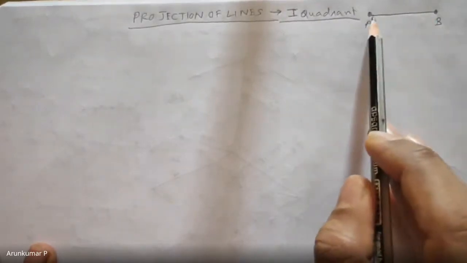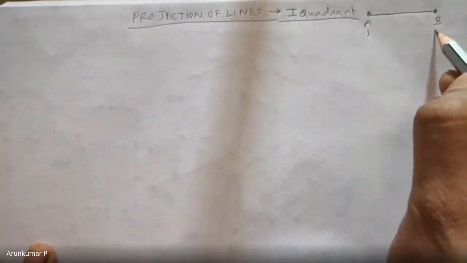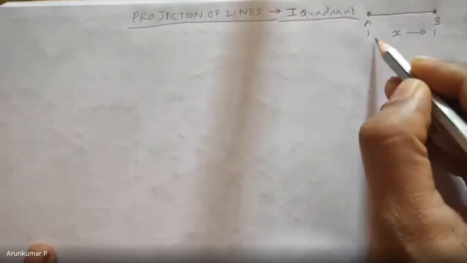So basically, if you see, a line is nothing but 2 points, which are separated by some distance x, which we call the length of the line.